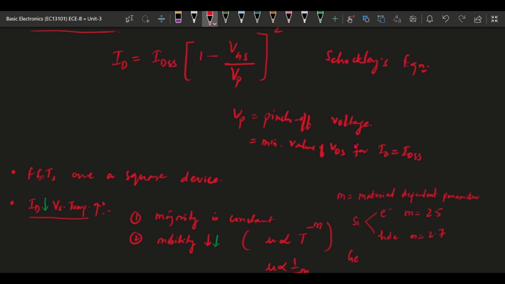Similarly, if the device is fabricated based on germanium material, for electron mobility the m value will be 1.66, and for hole mobility the m value will be 2.33.